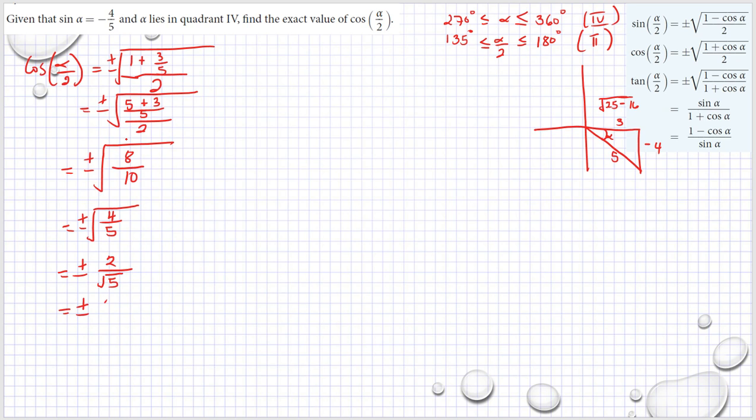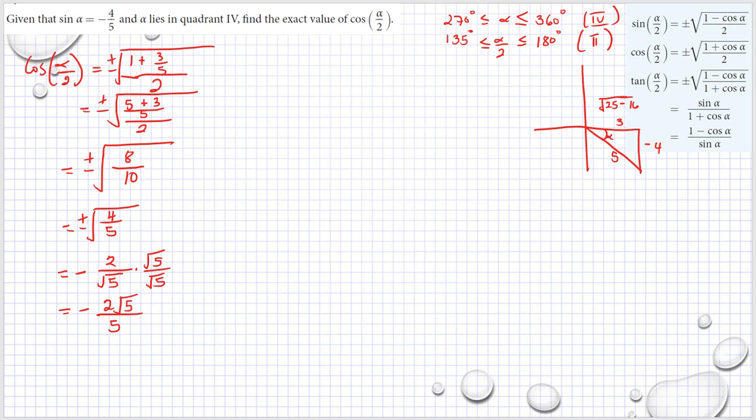If we multiply by square root of 5, then we have 2 square root of 5 over 5. Oh, sorry, not plus minus anymore. Cosine on the second quadrant is negative, so this will become negative.